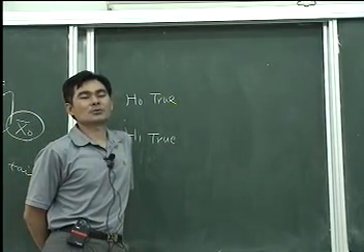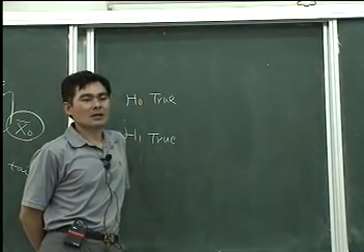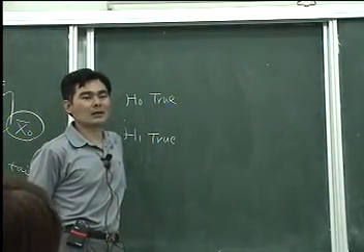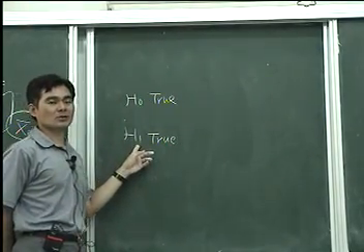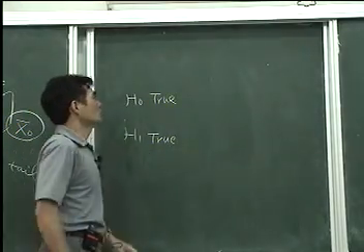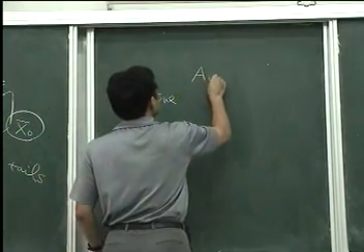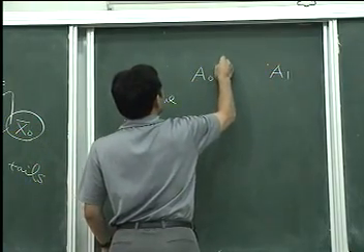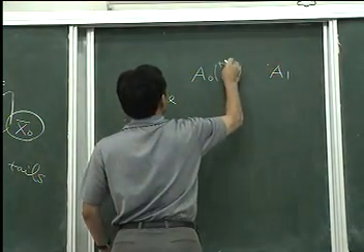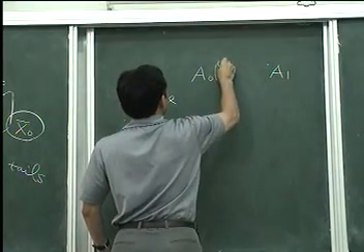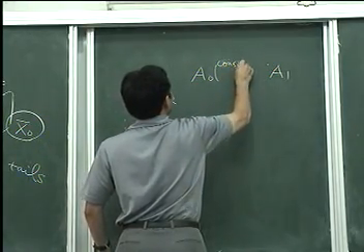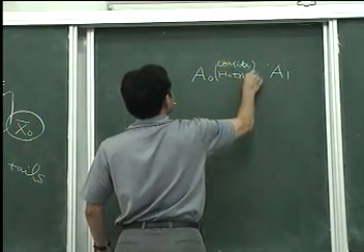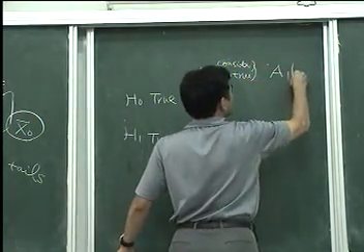The two actions are to take H naught, that's the null hypothesis, as true, or take H1, that's the alternative hypothesis, as true. So A naught and A1.